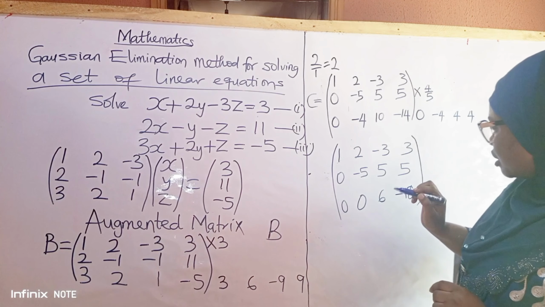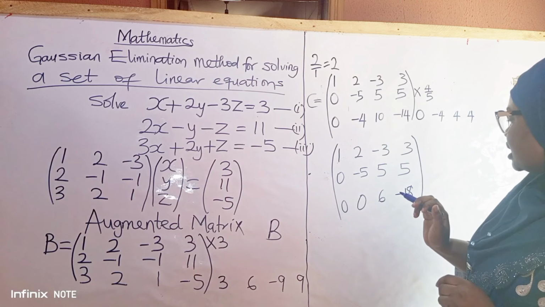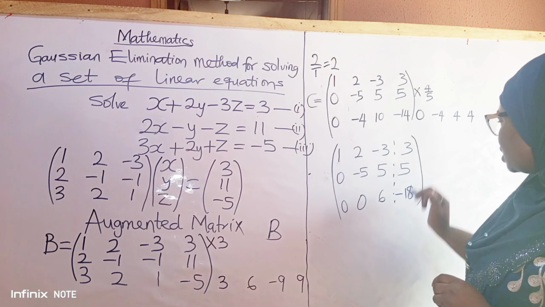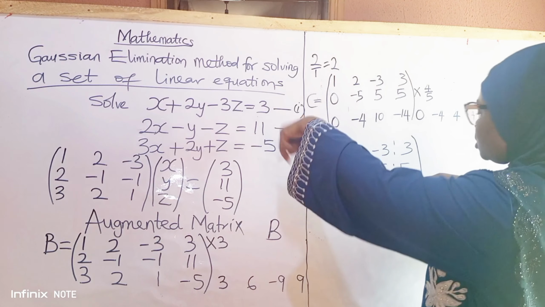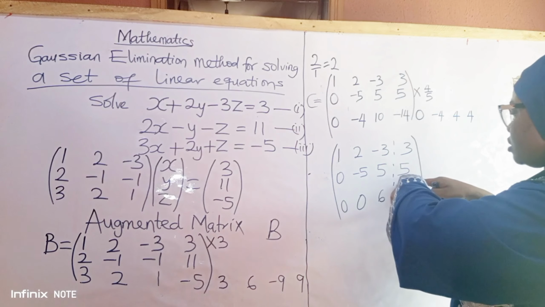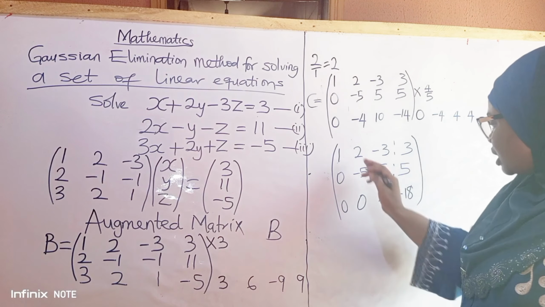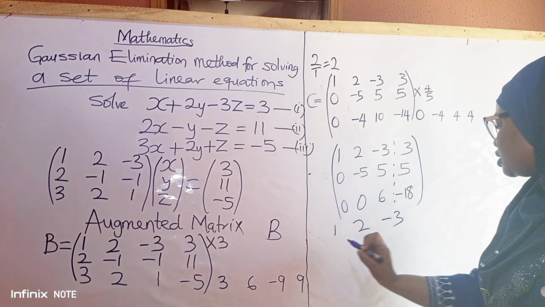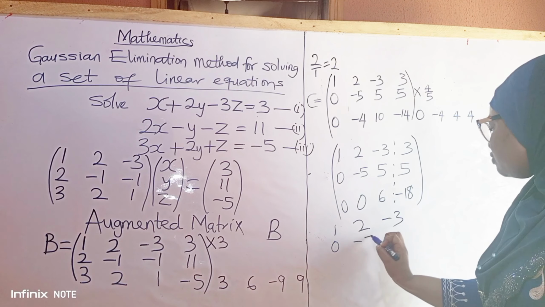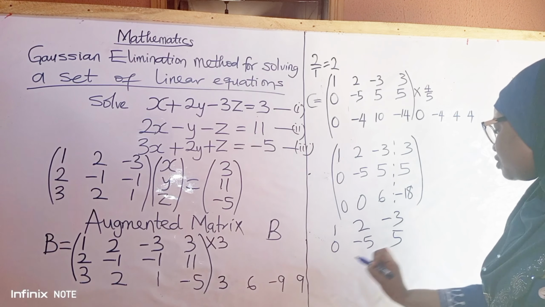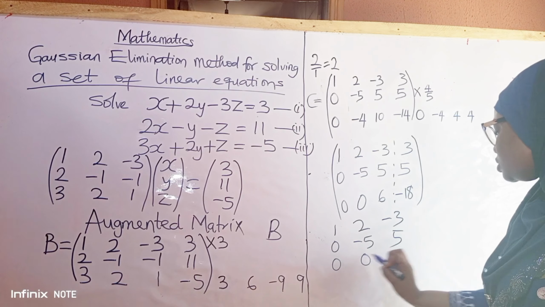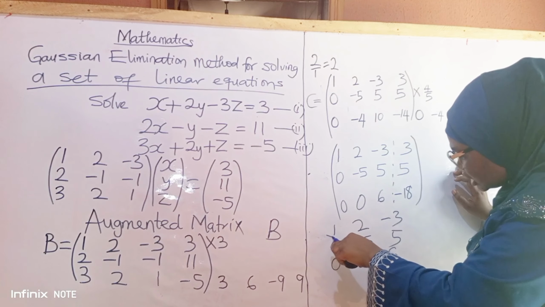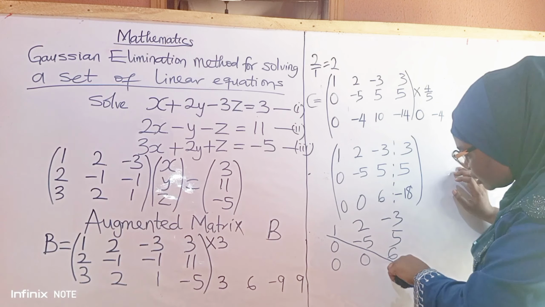What we have generated here is the solution, so it has changed now. From this matrix, 1, 2, minus 3, 0, minus 5, 5, 0, 0, 6, you can see that this is what we call a triangular matrix.